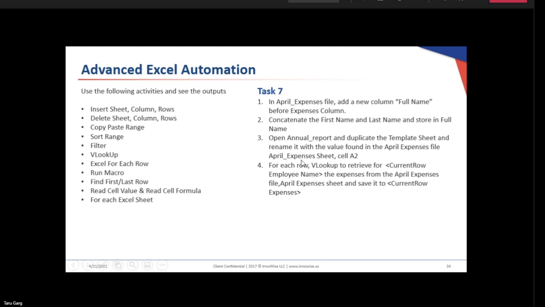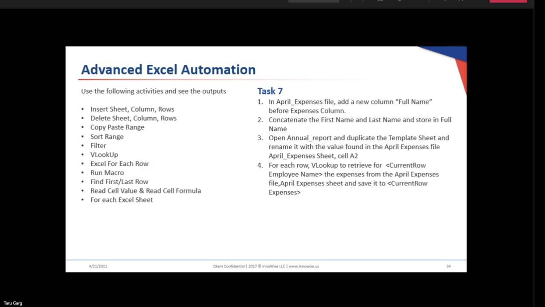We can insert sheet, column, rows, and delete either of them. We can copy paste a range from one place to another, sort the range, filter the data, and apply a VLOOKUP. We have a for each row that we have already used. Then we have to run any macros.